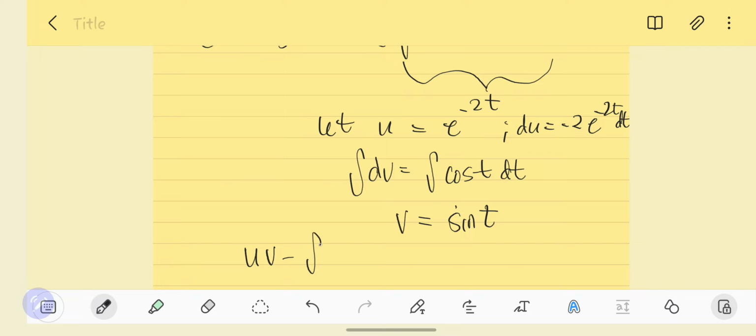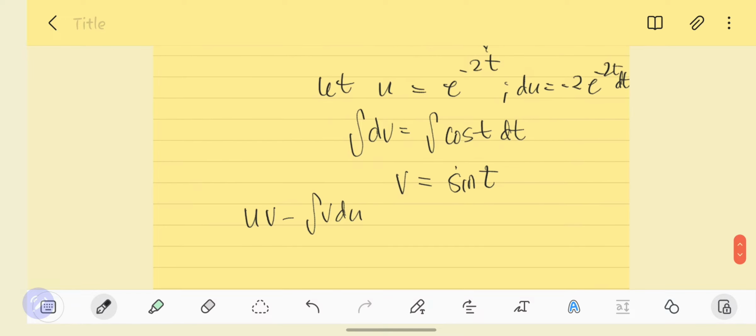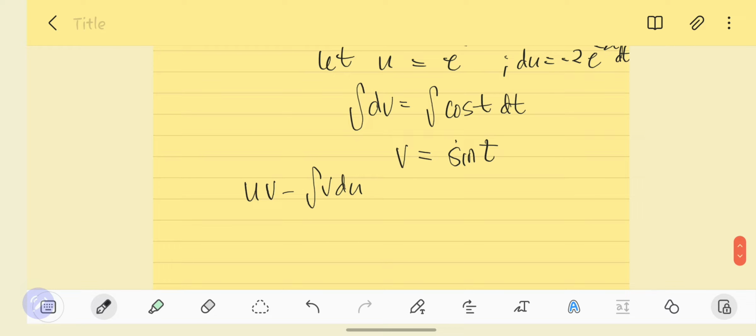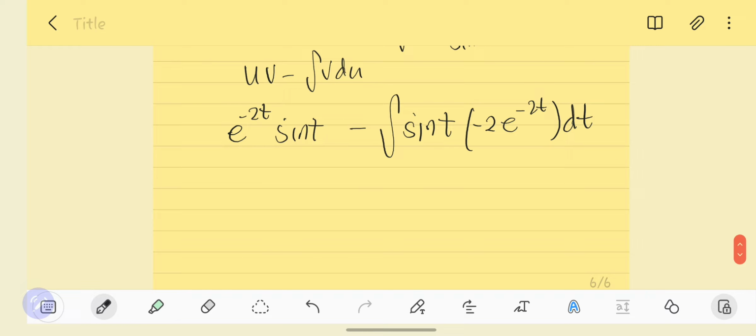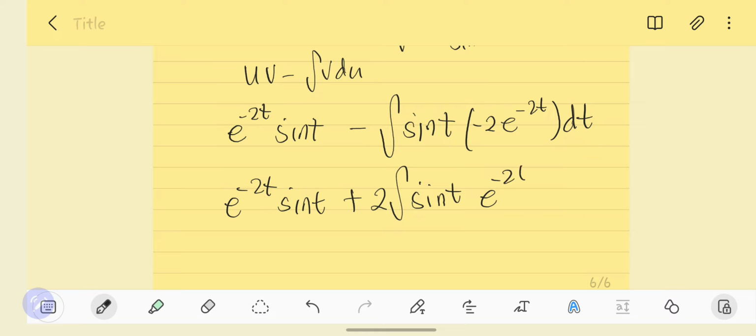So uv minus the integral of v du is equals to e to the negative 2t sine t minus the integral of sine t times negative 2 e to the negative 2t dt. Now simplifying that, negative times negative is positive, so we have e to the negative 2t sine t plus 2 times the integral of sine t e to the negative 2t dt.